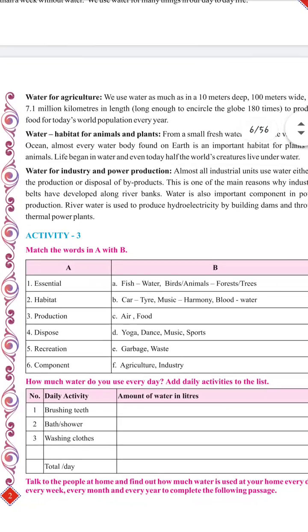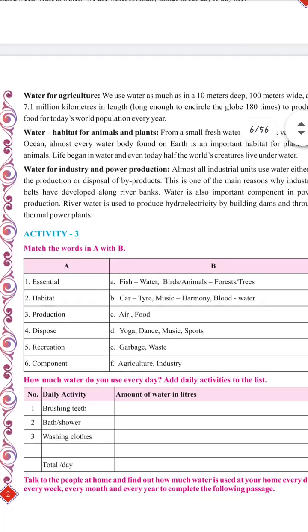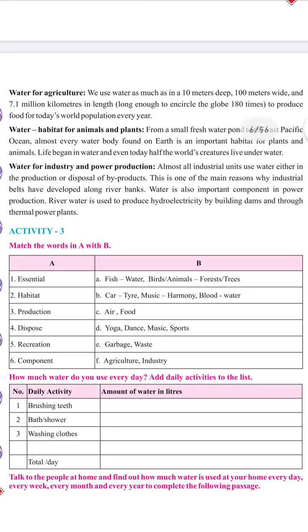We use water as much as a 10-meter deep, 100-meter wide, 7.1 million kilometers in length, long enough to encircle the globe 180 times, to produce food for today's world population every year. So dear students, this is a very big number.